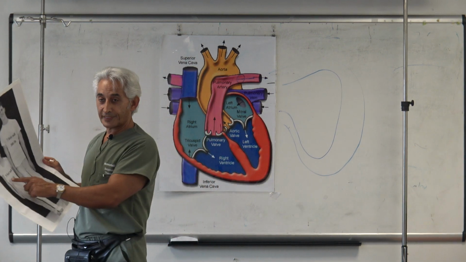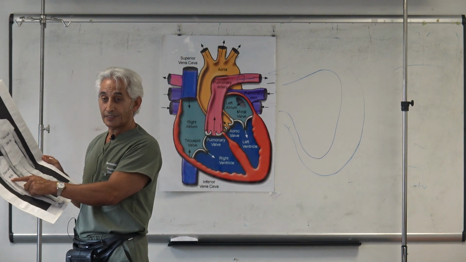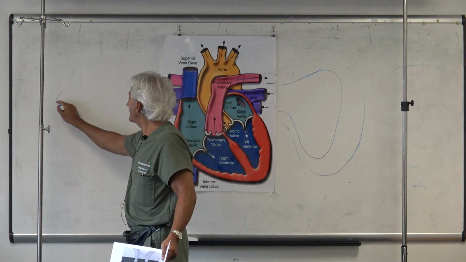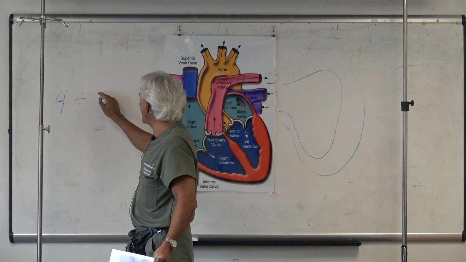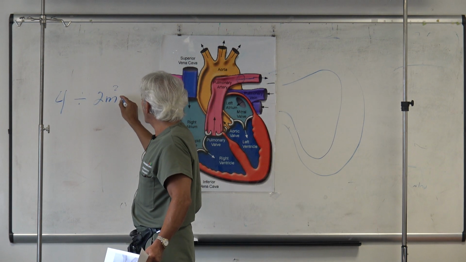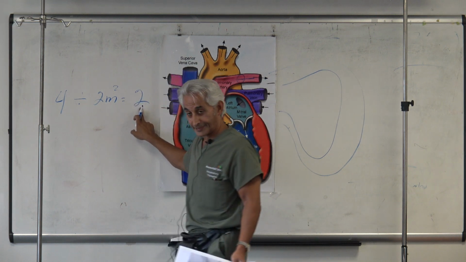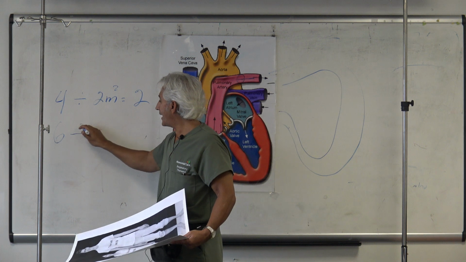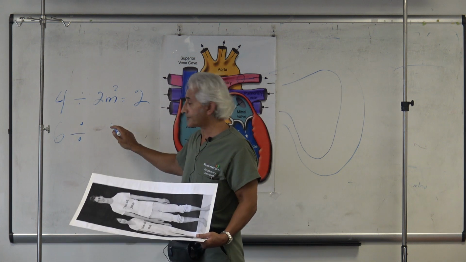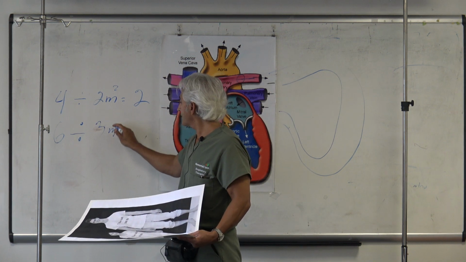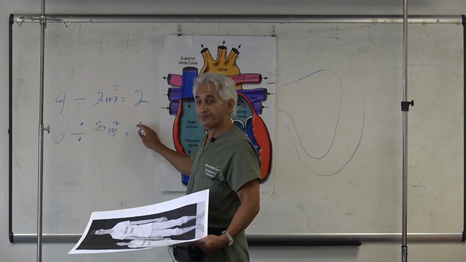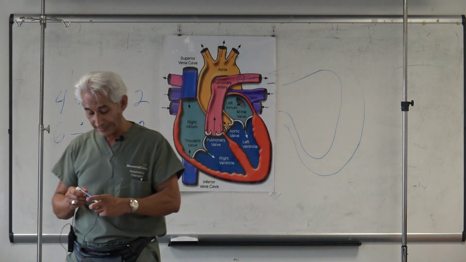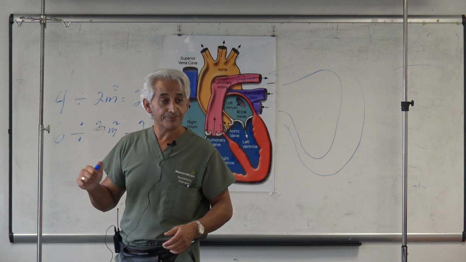Her cardiac output is 4, divided by her BSA, let's say 2 meters squared. 4 divided by 2, you end up with 2, right? Cardiac index. This guy, his cardiac output is 6 liters, divided by his body surface area of 3, you can end up with 2. So with the open hearts, as long as your cardiac index is higher than 2, we're okay.